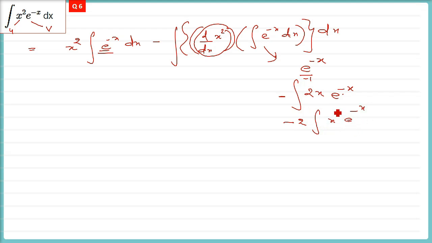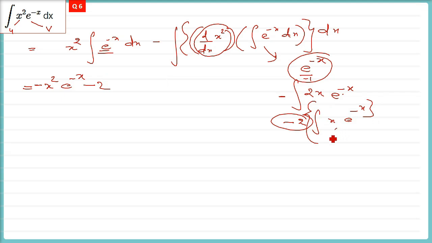Now we have already done this in the previous 2 questions, so you have to apply the same formula here again. Let's do the first part here. The integration of e raised minus x will be negative e raised minus x, so negative e raised minus x will be there. Minus 2 I am writing here, and this whole has to be integrated again. We will integrate this separately and then put it after the 2.